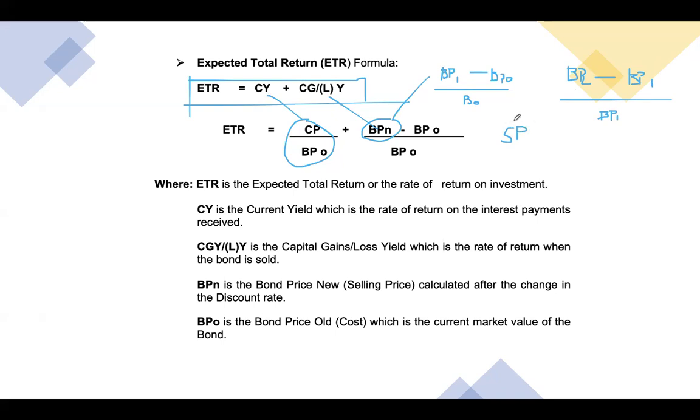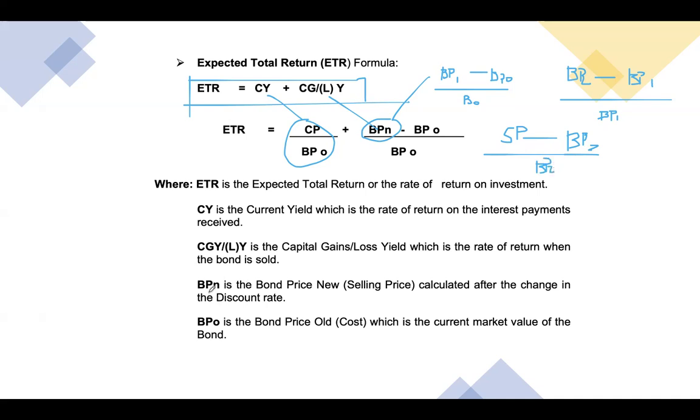If it is in year 2, then the selling price minus bond price in year 2, the price when the bond was sold, divide this by bond price year 2, because that will be treated as the cost.